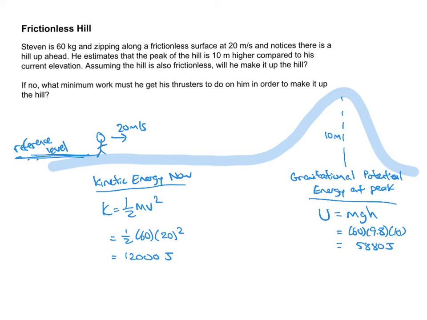It transforms into gravitational. So if he's got half as much kinetic energy, what's his new speed? Well, it's not going to be half the speed because the speed in the kinetic energy formula is squared. I think it's actually going to be a factor of 1/√2 of the original speed.